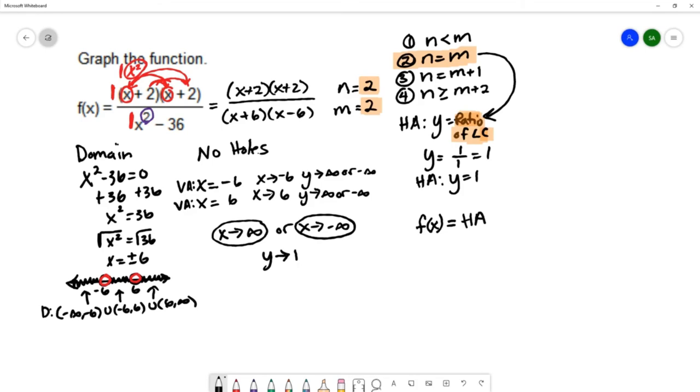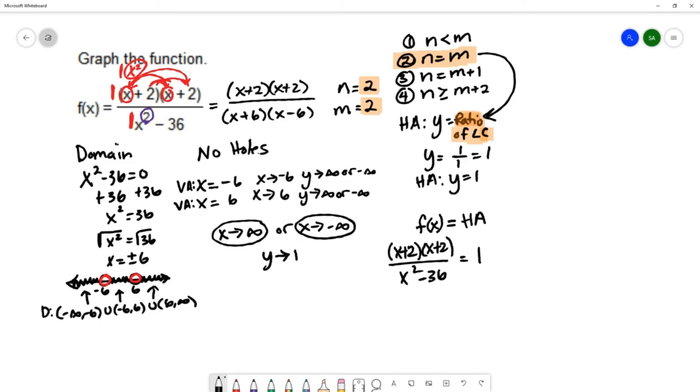So our function is x plus 2 times x plus 2 over x squared minus 36, and the horizontal asymptote is 1. So we're going to create this equation and solve the equation, and that will determine if our function ever crosses that horizontal asymptote.